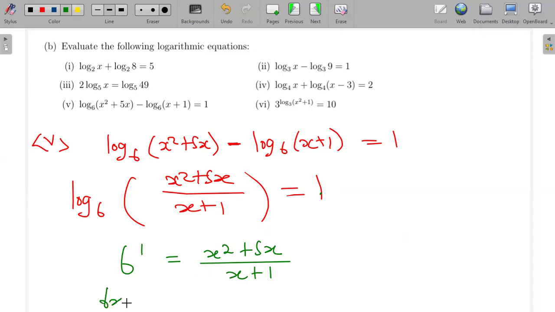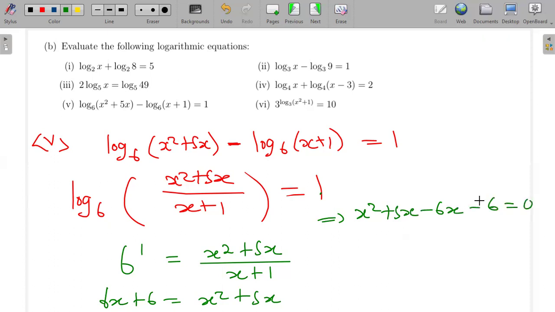We get 6x plus 6 is equal to x squared plus 5x. So we take everything to the other side, we get x squared plus 5x minus 6x minus 6 is actually equal to 0. Okay, so this will just be x squared minus x minus 6 is equal to 0.